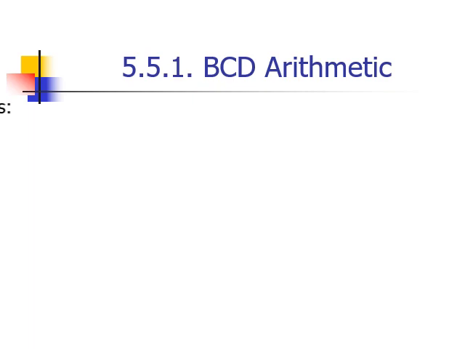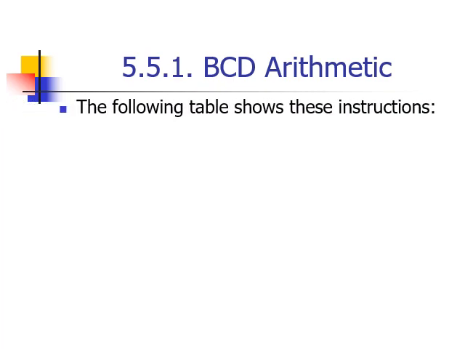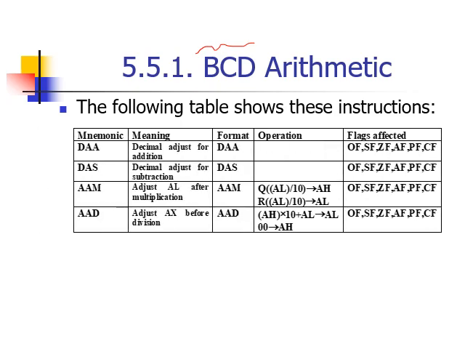But you have to prepare your numbers for the binary coded decimal arithmetic. You have to decimally adjust your number for addition, if you're adding numbers, decimally adjust for subtraction, adjust AL after multiplication, adjust AX before division. Okay, and this is what this instruction does.